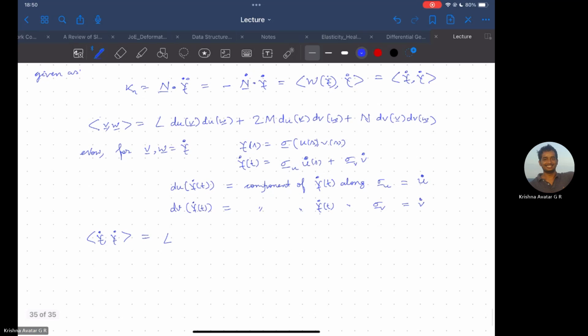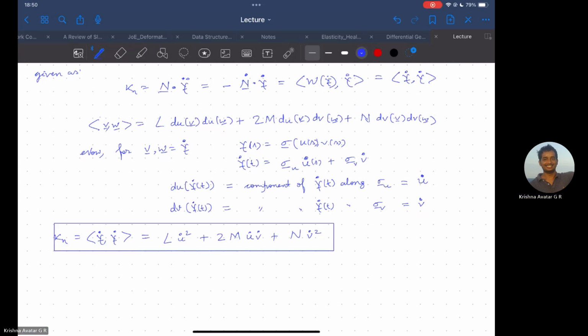L du of v and du of w, so it's u dot times u dot, so it's u dot squared, plus 2m du of v is u dot, dv of w is v dot, plus n dv of v is v dot and dv of w is also v dot. So this is what we have as the kappa n.